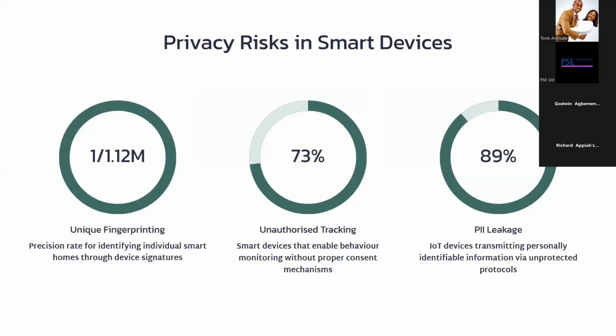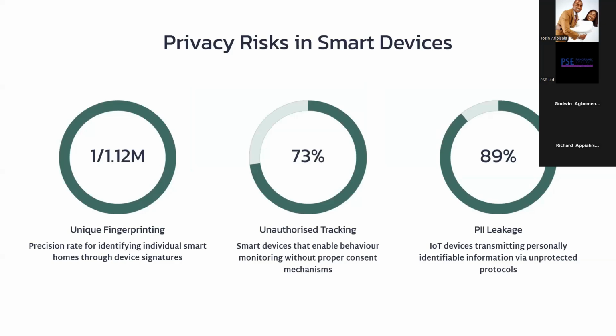So there's also another chart over here giving us the privacy risks in smart devices. So we have over 1 to 1.12 million unique fingerprinting. So every device is actually for one particular person.